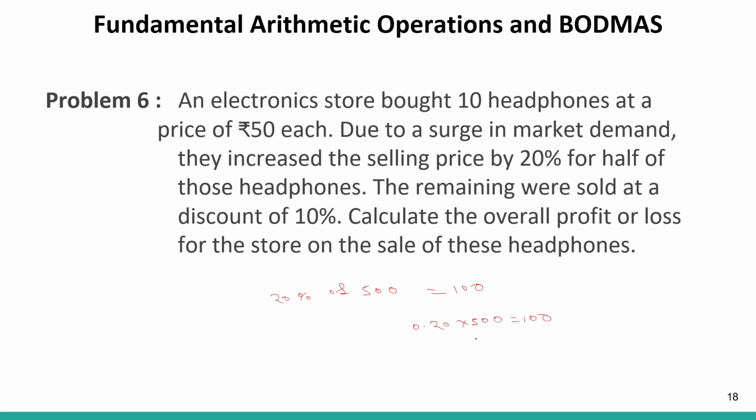So for half, it will be 0.20 into 250, that is equal to 50. And the remaining were sold at a discount of 10%.